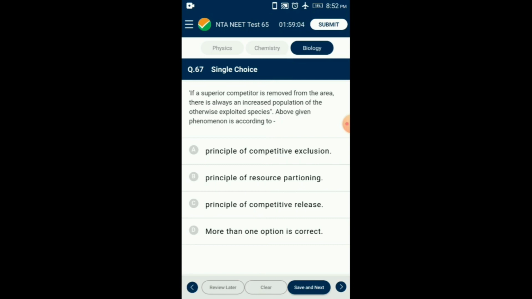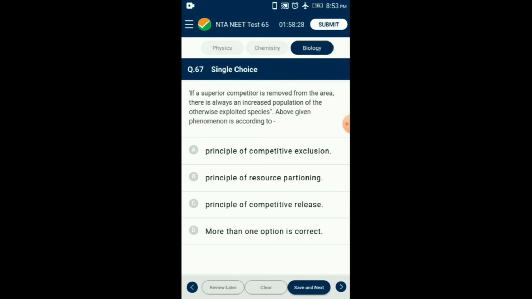Above the given phenomena is according to Connell's elegant field experiment in the intertidal area of Scotland. The barnacle Balanus is a competitively superior species and predominates in the area, and the barnacle Chthamalus is a competitively inferior species and is confined to a narrow zone in the area.